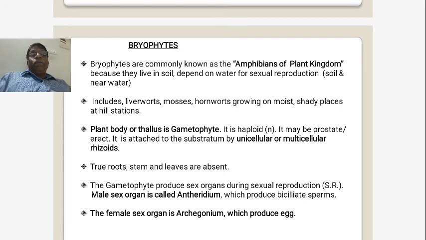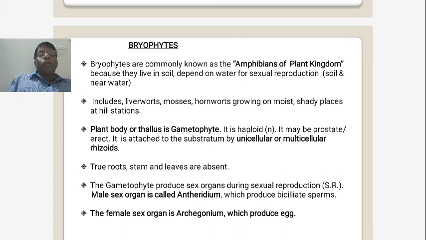The bryophyte plant body. Plant body means dominant body, or we call thallus. Thallus is a gametophyte. What is this gametophyte? As the name indicates, gametes producing. Phyton means plant.